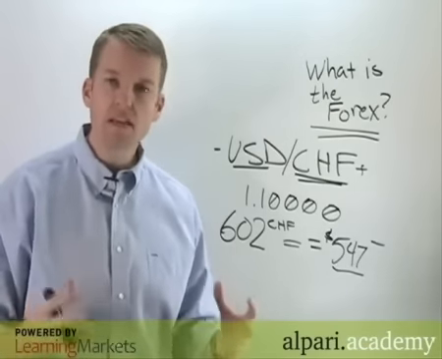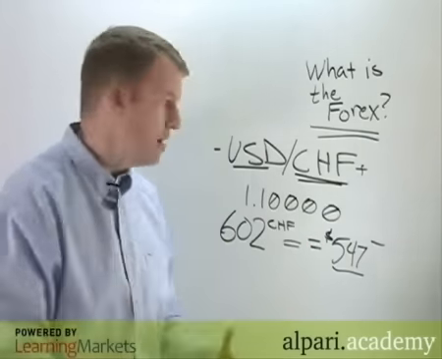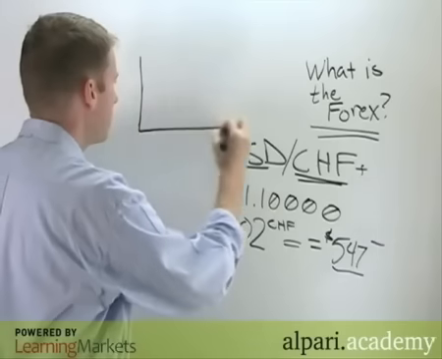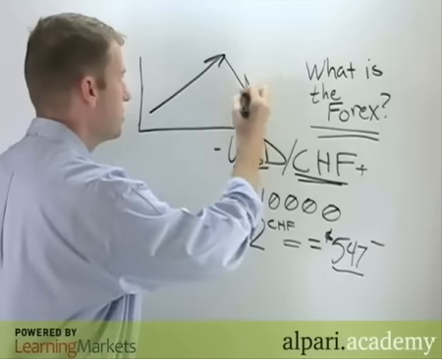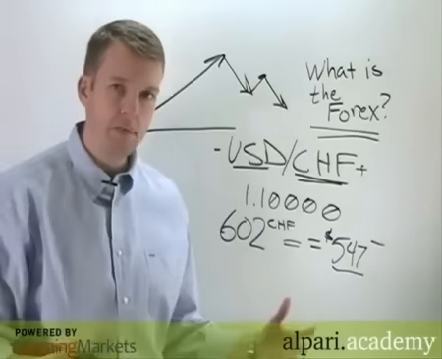Now, the way that you'll see this charted, like any other capital market, is you'll see our chart here, with the X and Y axis, and you'll see trends that look like this, just like anything else you would see in any other capital market.